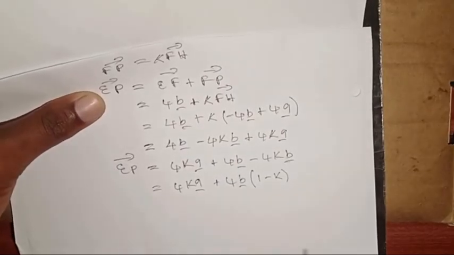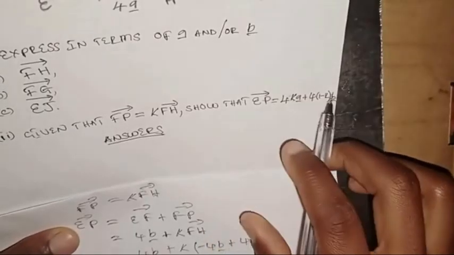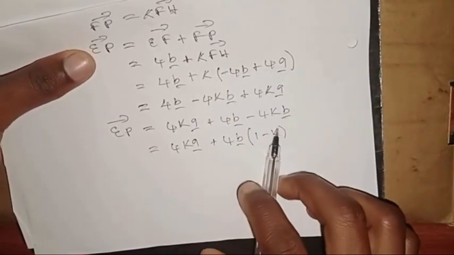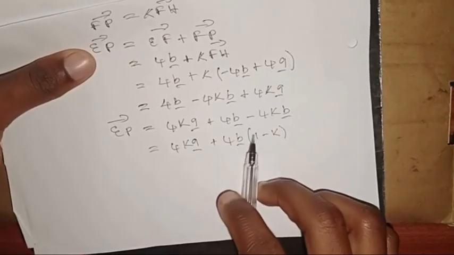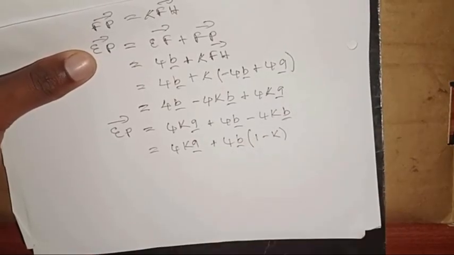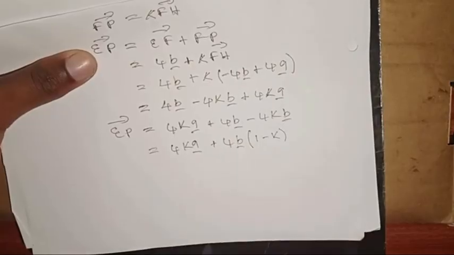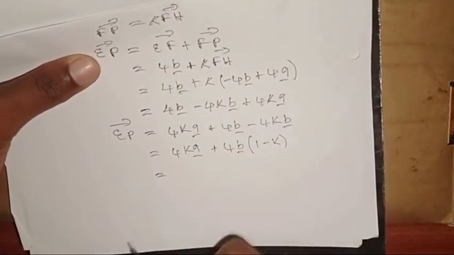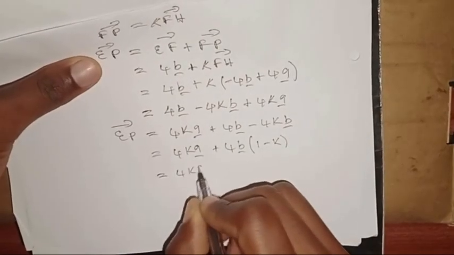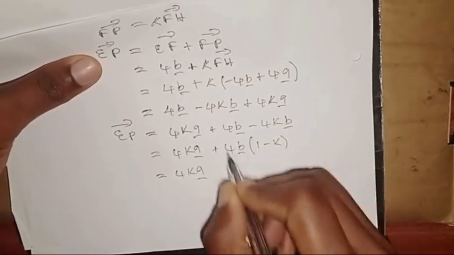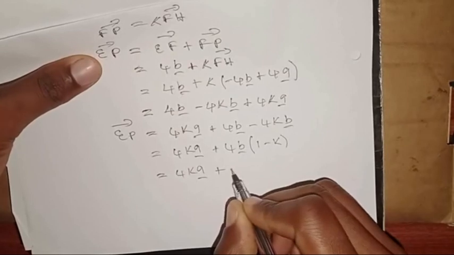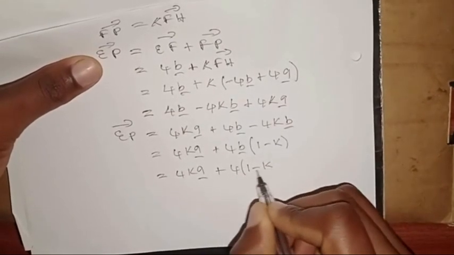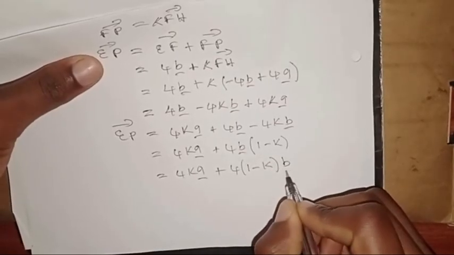So now, to make sure that it looks exactly this way, as you can see, this 4 is being multiplied by all this in the brackets, and this b is also multiplied by this in the brackets. So we can split these two, this coefficient and this b. Writing this way is the same as saying 4 open brackets 1 minus k, then at the end we add a b.